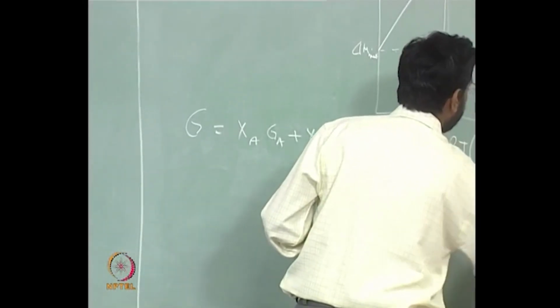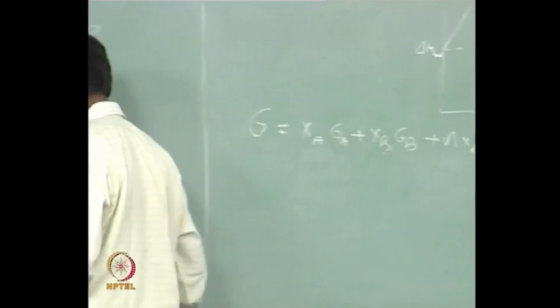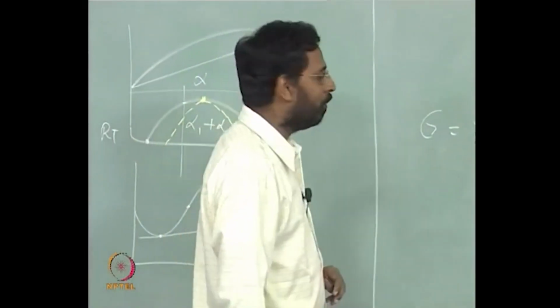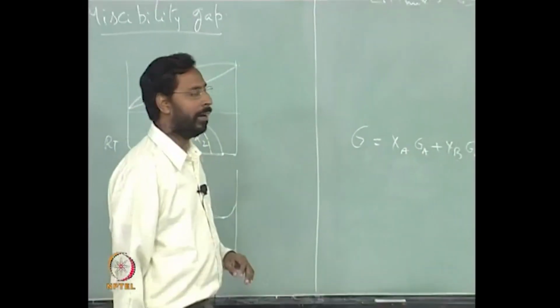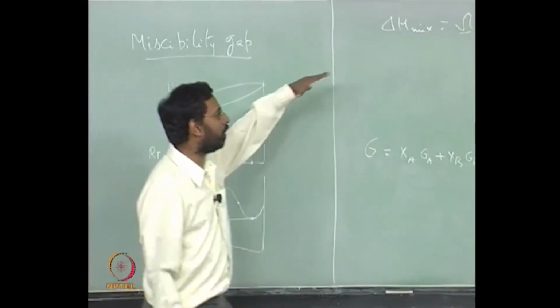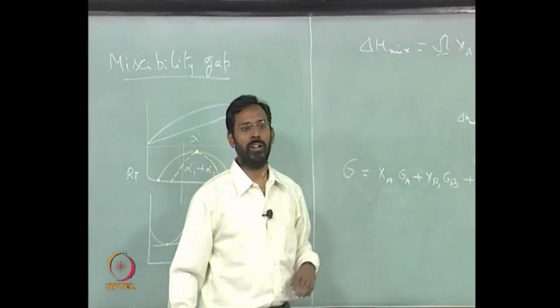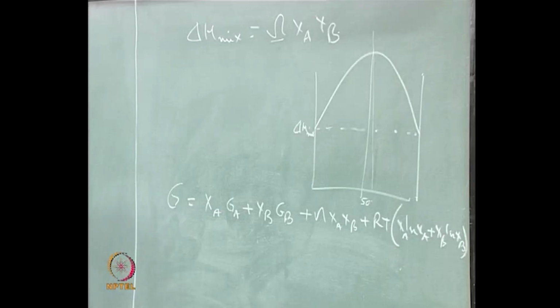This is the final formulation that we have. If that is the case, we said in principle it is a combination of delta H mixing and T delta S mixing which is going to decide this, and as a result when T delta S mixing dominates the delta H mixing, that is when you would see that miscibility gap closes.